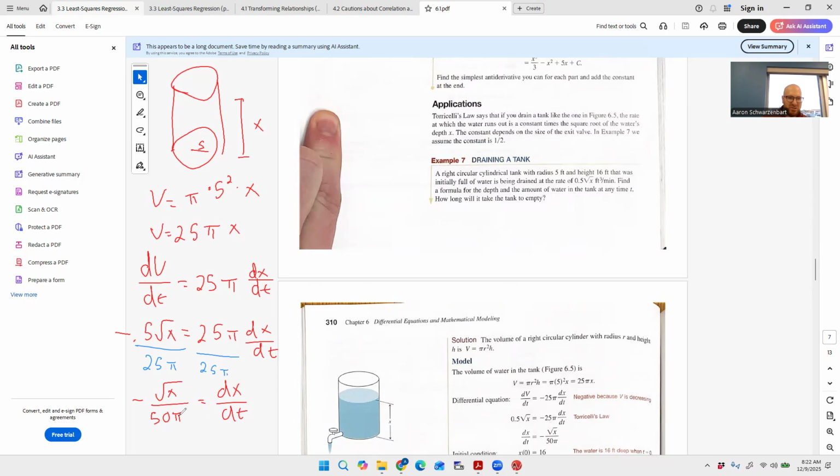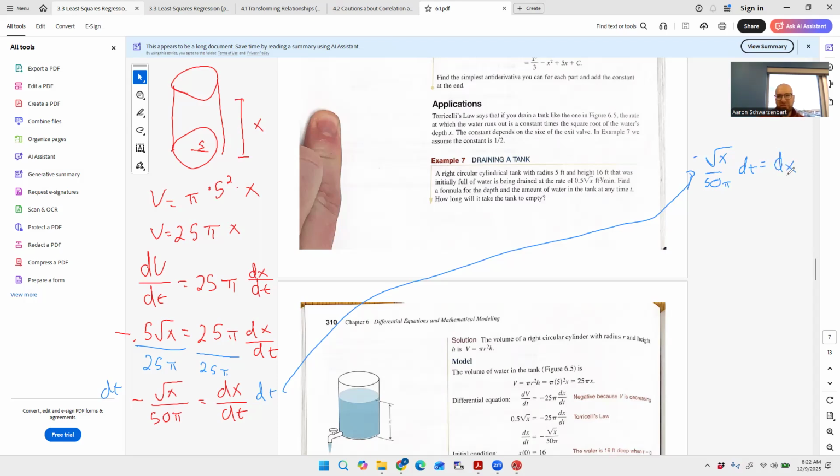Separating my variables, I'm going to move the dt this way. So I'll multiply both sides by dt, giving me negative square root of x over 50 pi dt equals dx.